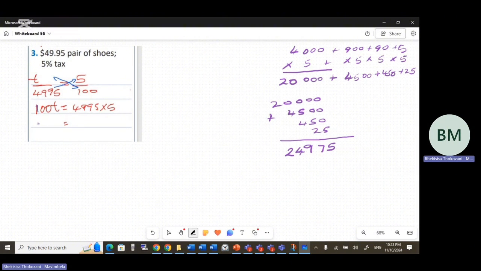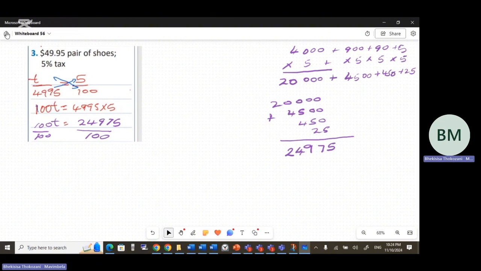Okay, so I'm going to bring it here now. Remember, this was 100 T, and now I have 24,975, or you can just say 24975. And I'm going to divide everything by 100. Now, there's one thing which I must not forget.